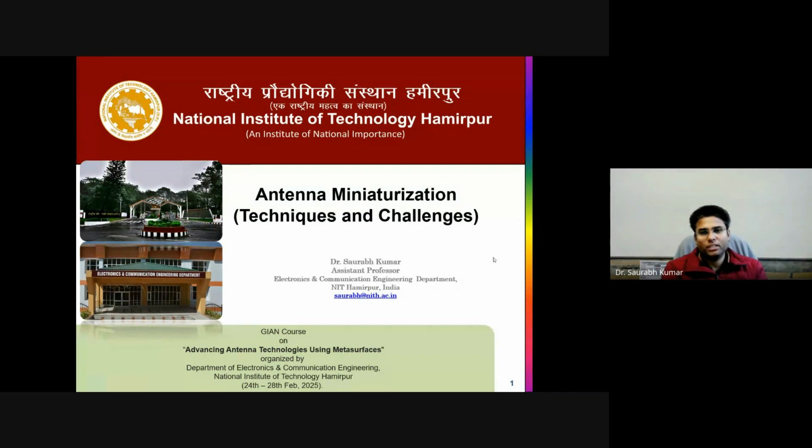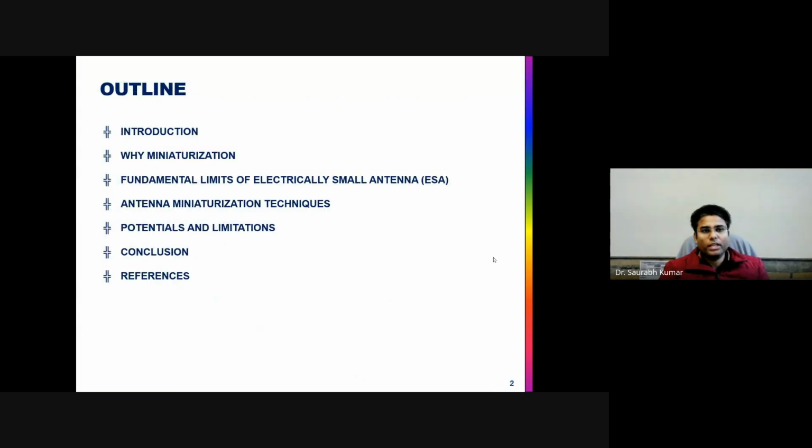Today the discussion will be on miniaturization techniques and their challenges. In this GIAN course, the outline of this talk is as follows. We will start with some introduction, then discuss why miniaturization is required, and then move towards the fundamental limits of electrically small antennas.